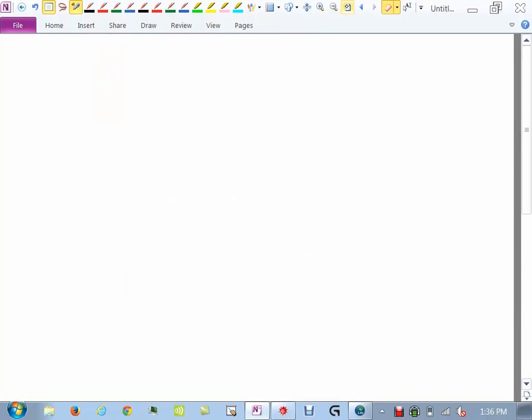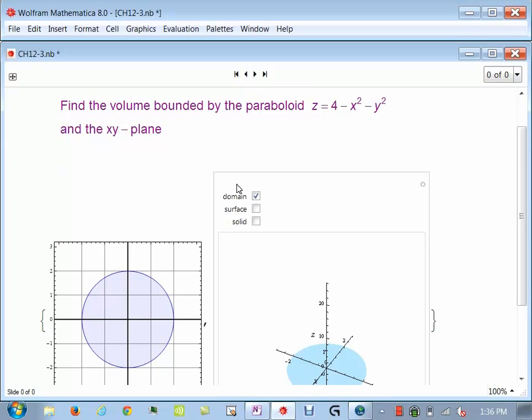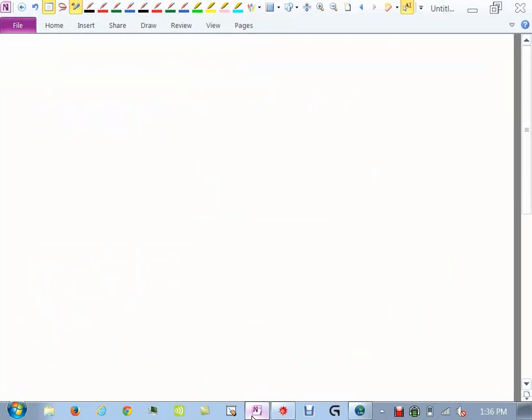Let's look at 12.3 example 2. Find the volume bounded by the paraboloid z equals 4 minus x squared minus y squared and the xy plane.